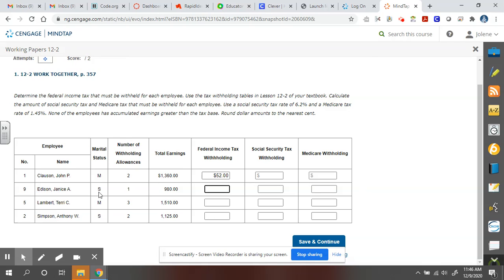It falls in a range of at least $980 and less than $1,000. So everybody who gets paid between $980 and $1,000 pays the same thing for federal tax. And she has one deduction, so she has to pay $79.